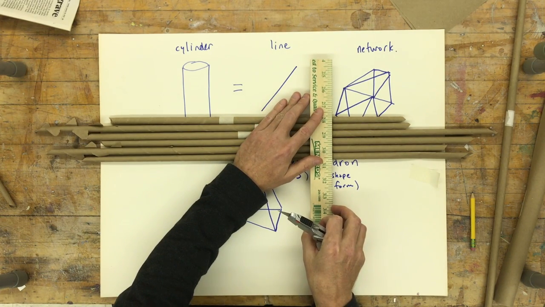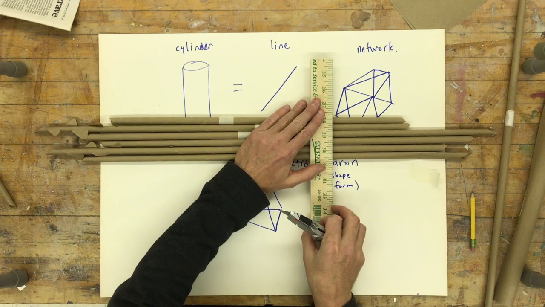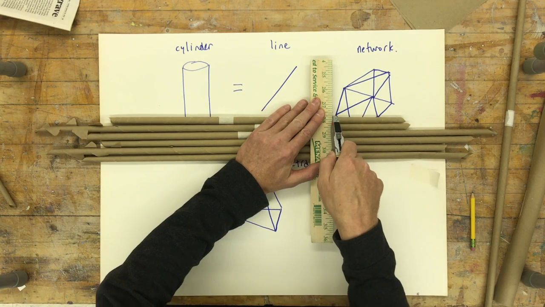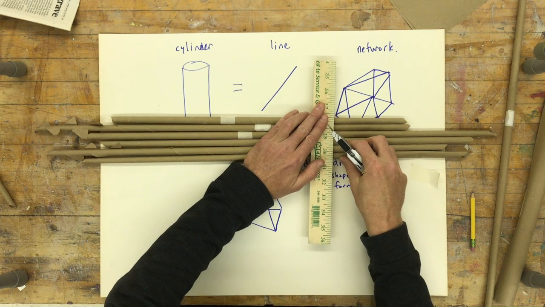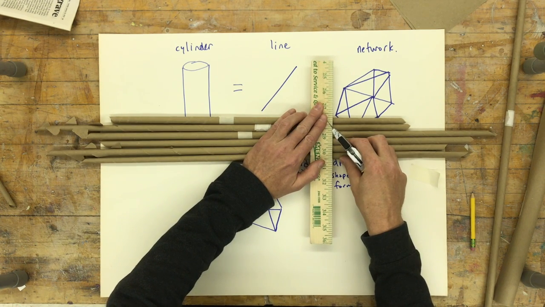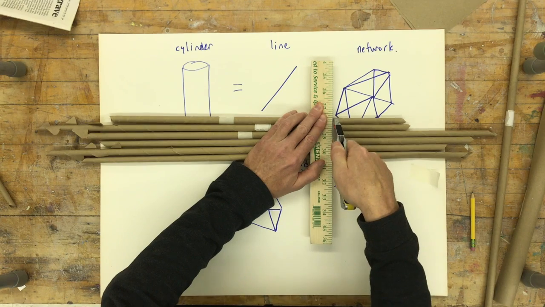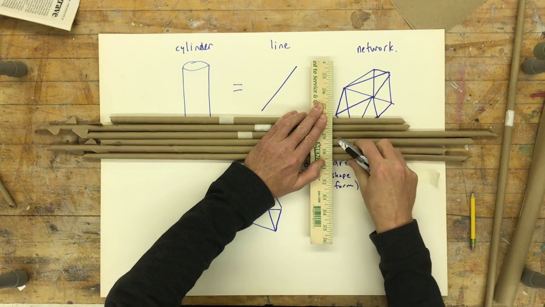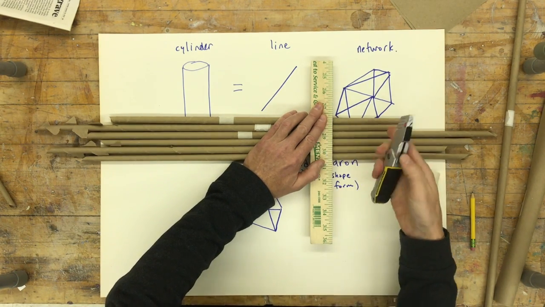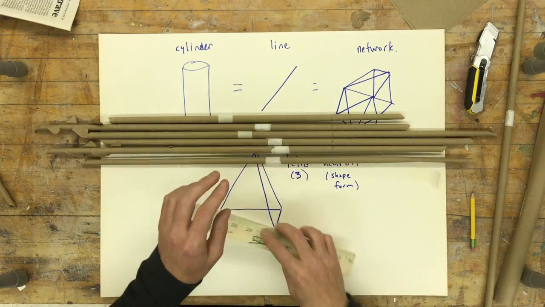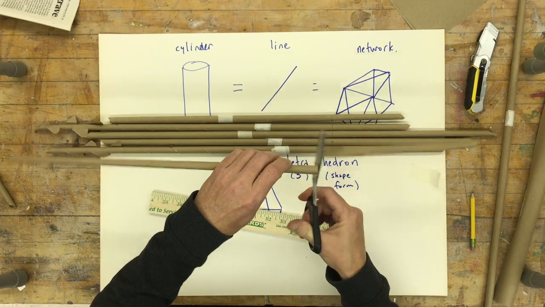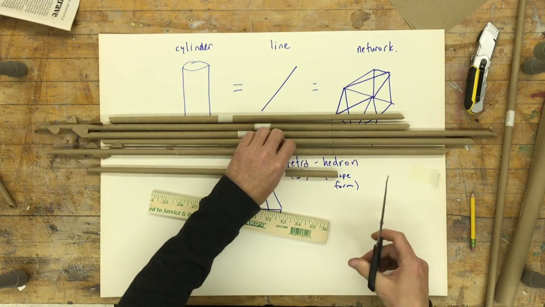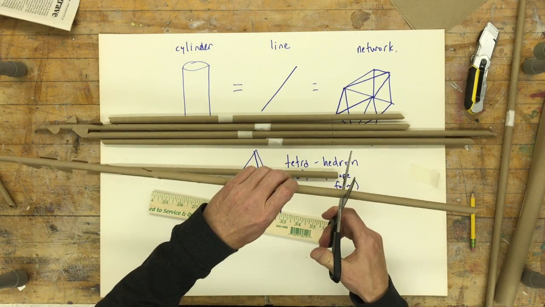And if ever we're cutting multiple linear elements all at once, it's a good idea to go ahead and cut against your ruler. Actually, I'm finding I don't really like that much. I'm going to go ahead and cut with scissors. Oh, that's much, much easier. So I can cut all of those here on this end.